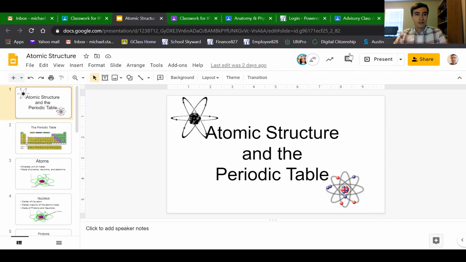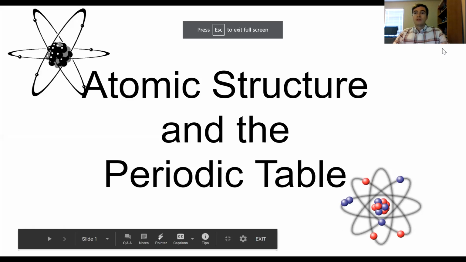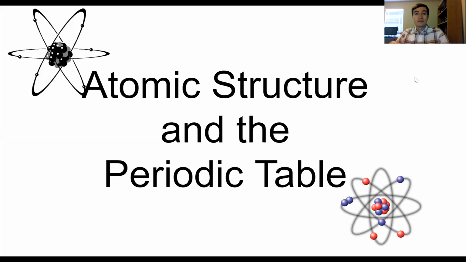All righty, let's get things going. So I mentioned today we're talking about atoms, atomic structure, and the periodic table, which is like a big chart that tells us all about atoms.